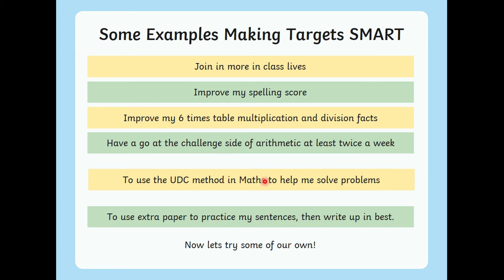So this one is looking to challenge children even more to improve their problem solving. This one is looking to improve children for arithmetic. This one is a more starter target, but some of you may need to be thinking about this one in terms of not just joining in more in class lives, but you might say, I'm going to create myself a timetable so that I join all of my lives next week.